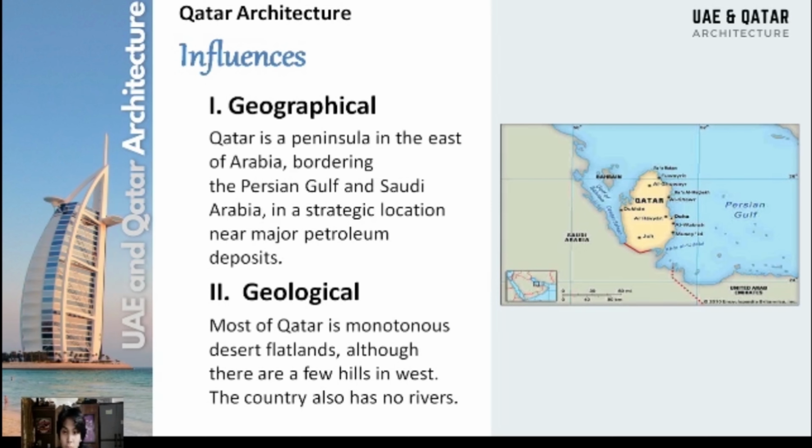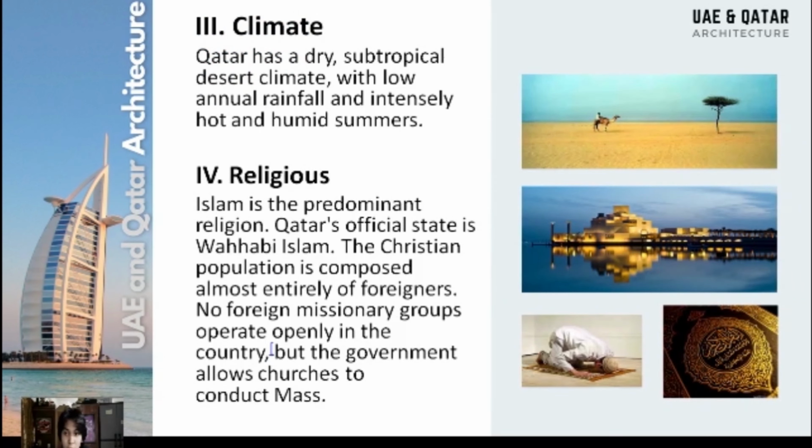So most of Qatar is monotonous desert flatlands, although there are a few hills in the west. The country also has no rivers. Walang rivers dito, class, no? As for the climate, Qatar has a dry subtropical desert climate with low annual rainfall and intensely hot and humid summers, no?